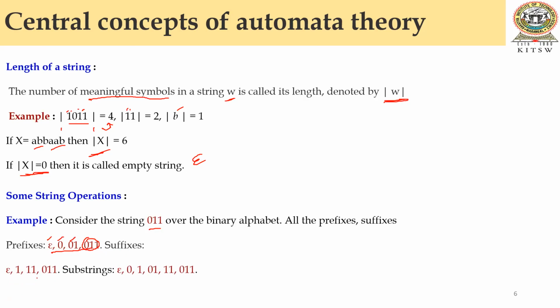Suffixes: what you write from the end, 1, 11, 011, and epsilon. Epsilon is always both a prefix and a suffix, and you can also write the entire string as a suffix. And the substrings are epsilon, 0, 1, 01, 11, 011.